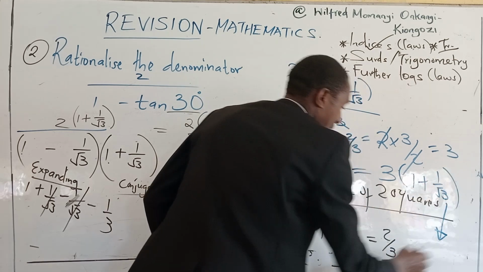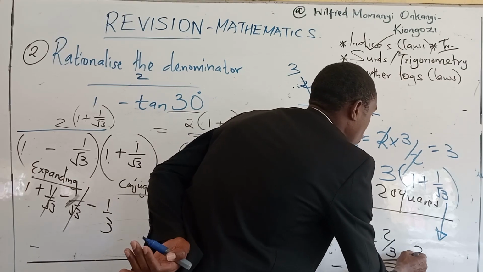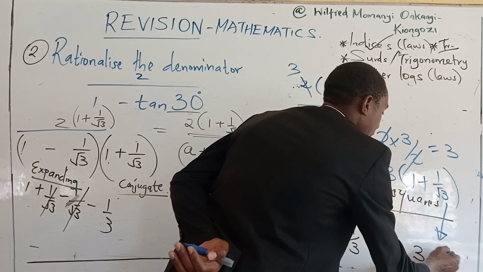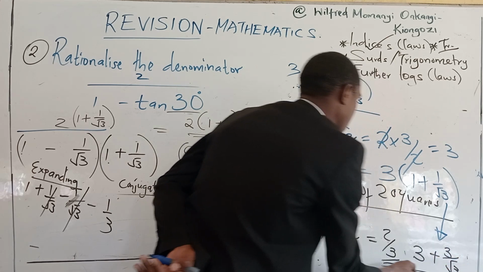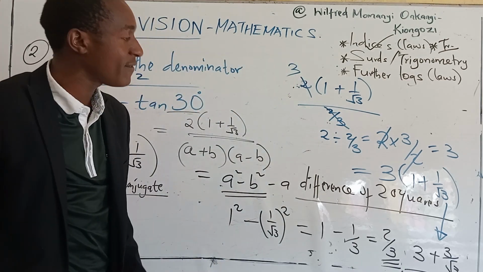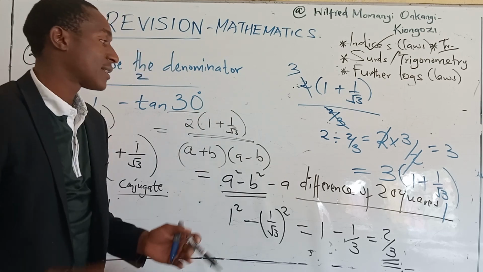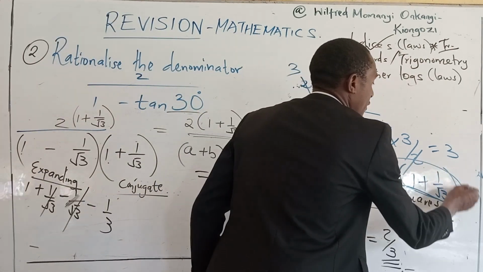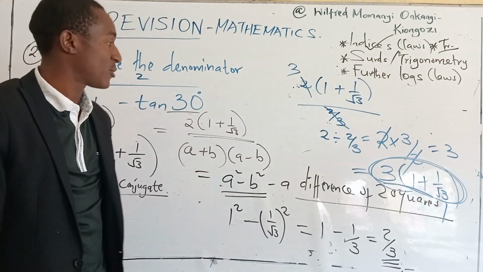This one can be written as 3. If you open the bracket and have 3 plus 3 over root 3, you have made it a little bit complex. So what happens is you can leave your answer at this point, to avoid complicating your values, because every time it is about simplifying your values.